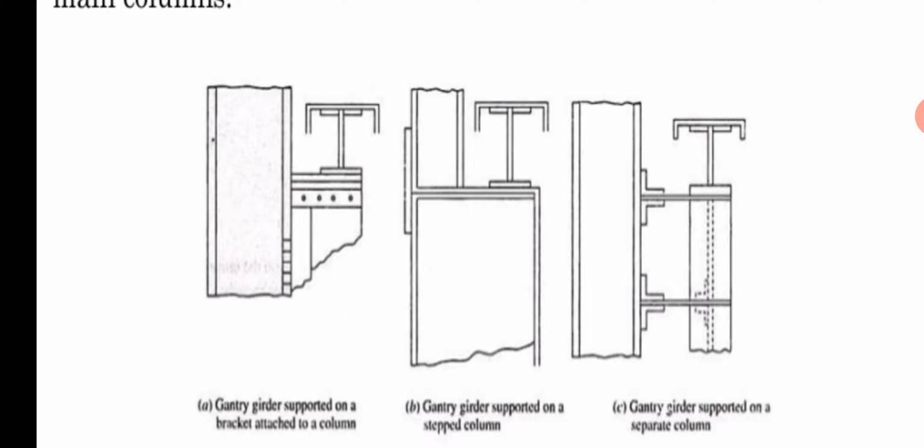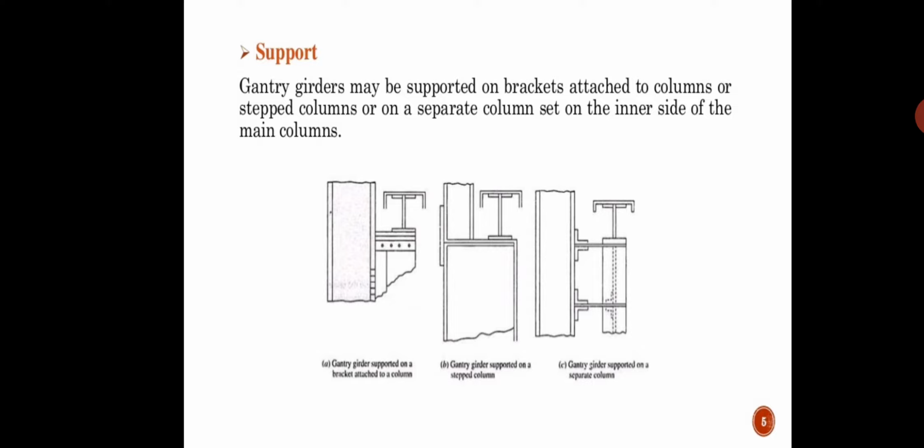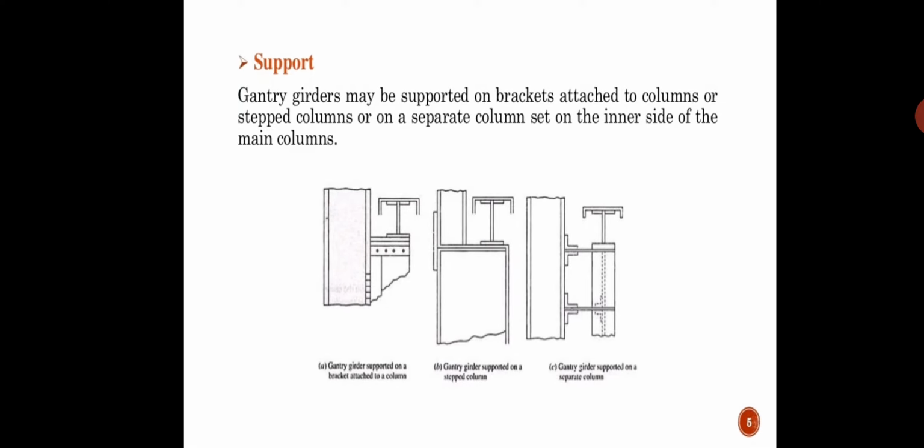In our second arrangement, the gantry girder is supported on a step column. We consider a step column while considering column erection, and on that we provide the gantry girder. In our third arrangement, the gantry girder is supported on a separate column. We provide a separate column for resting the gantry girder. But in the general case, we provide a bracket connection through the column to support the gantry girder. So there are three ways support can be provided for the gantry girder.